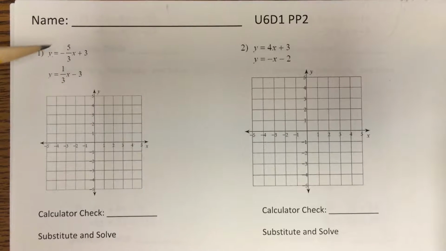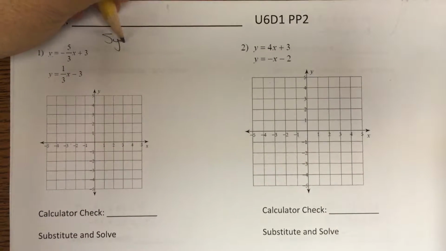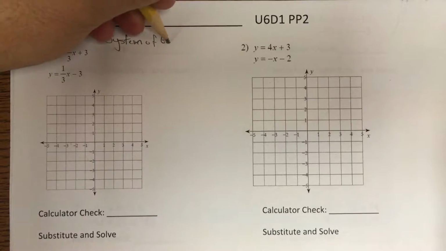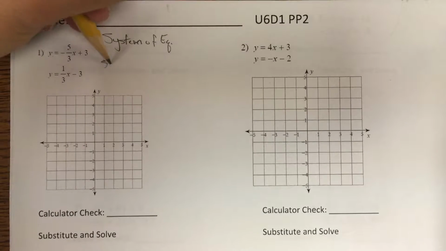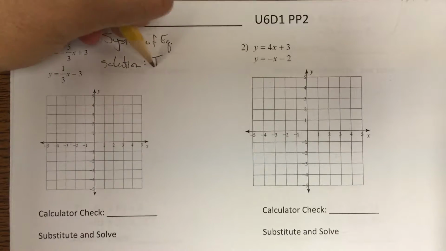So you remember from 8th grade that when we have a system of equations, we are looking for the intersection point. The solution is the intersection point. So when we have a system of equations, and I'm just going to write EQ for equations, a solution is the intersection.